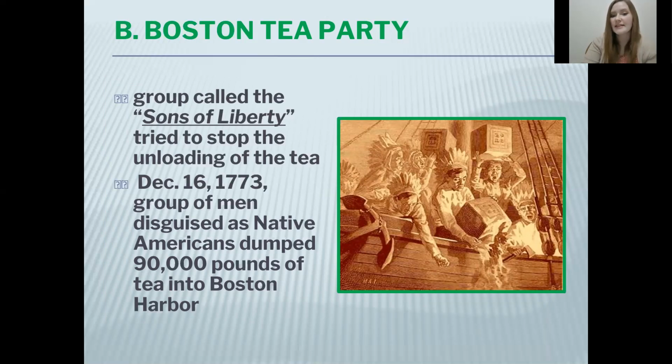The other question that I had when I was looking at this is, why would they dress as Native Americans? Well, in this case, they were actually kind of mocking the British government in a couple of ways. There was a proclamation in 1763 that had tightened control over expansion and set a boundary between the colonists and the Native American population.